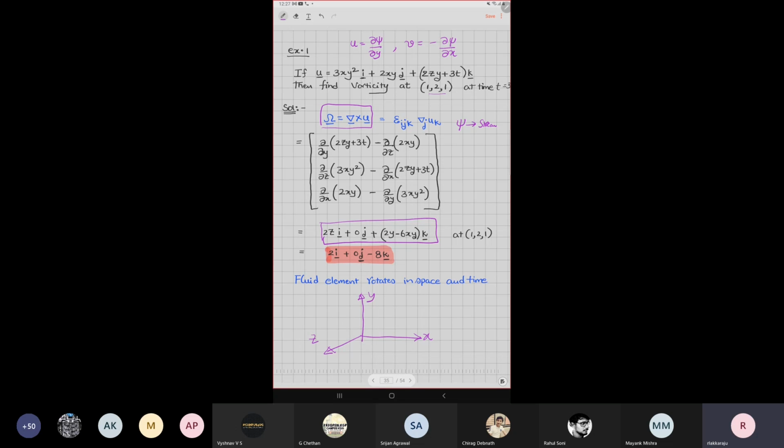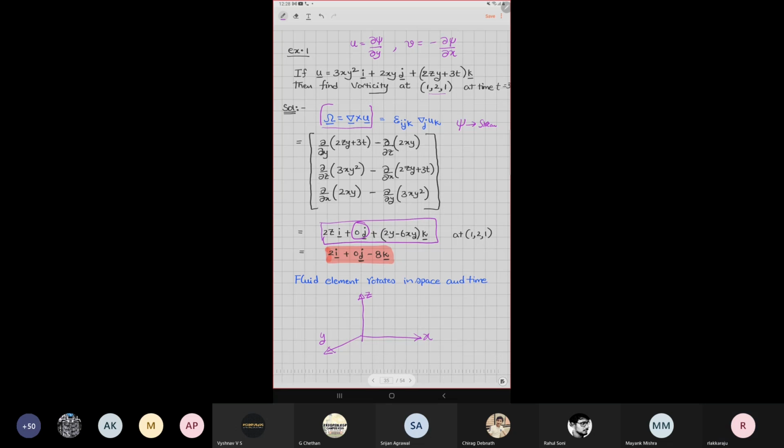Let us put z instead of y here because it becomes easy for me. This is z and this is y. Vorticity says that it doesn't depend on the y direction. And it tells me 2z plus 2y minus 6xy at a given 1, 2, 1 point.